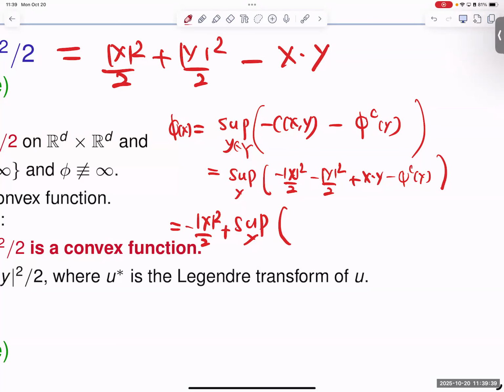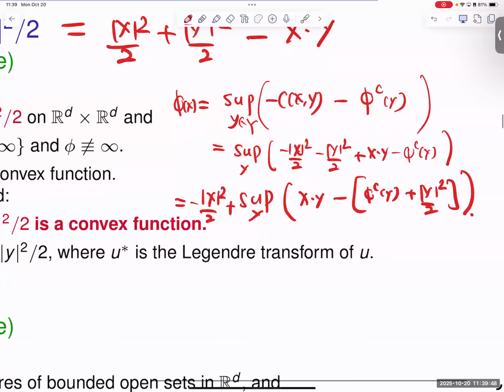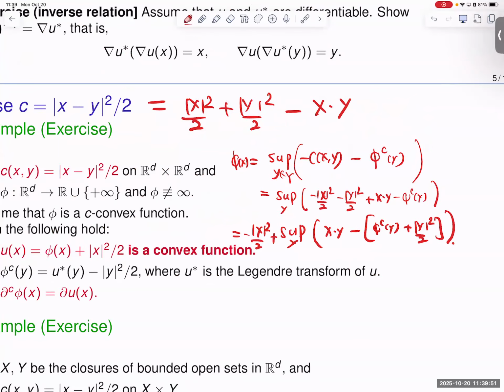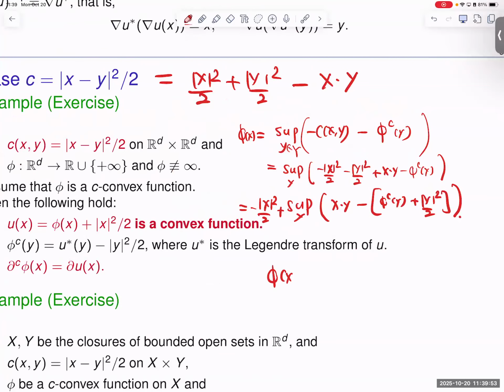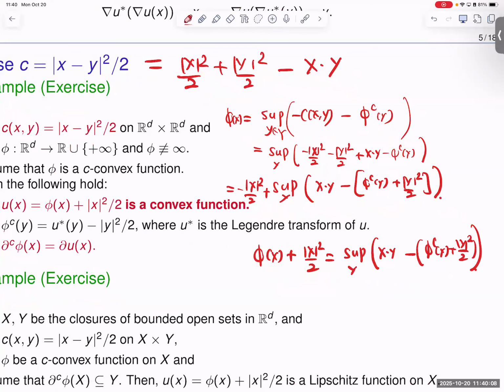And the remaining terms are x dot y minus phi c of y plus y squared over 2. So what does this suggest? It suggests the following equation: phi plus x squared over 2 is the supremum over y of x dot y minus phi c of y plus y squared over 2. And what can you say once we see this equation?